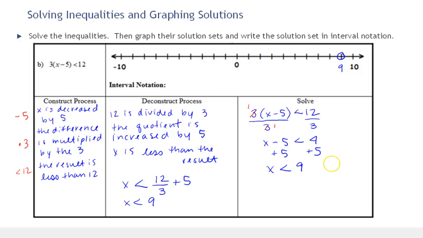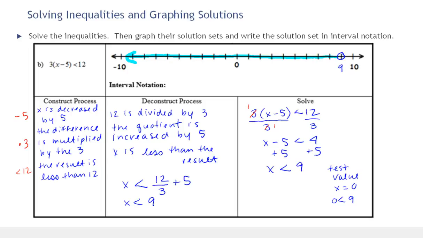But again, as you're still learning this, you might want to pick a test value. And I like the test value of 0. If I put in 0 for x, 0 is less than 9, so that means I want to include 0, and 0 is on the left. So again, I'm going to get the highlighter so we can really see this. So this is our solution set. Everything to the left.